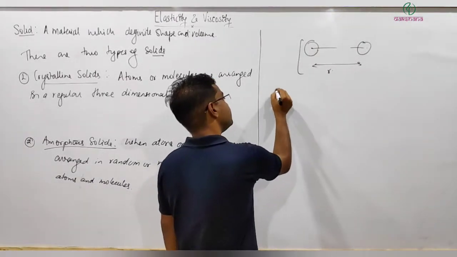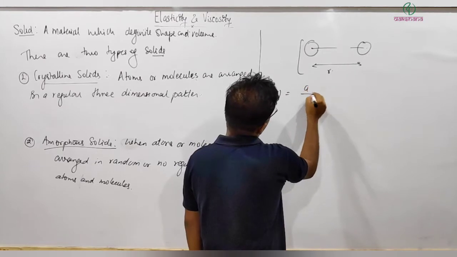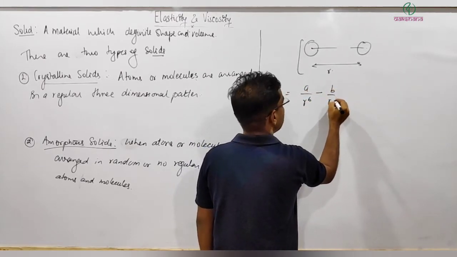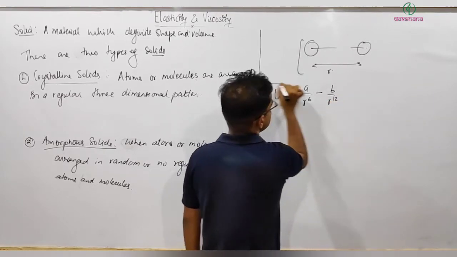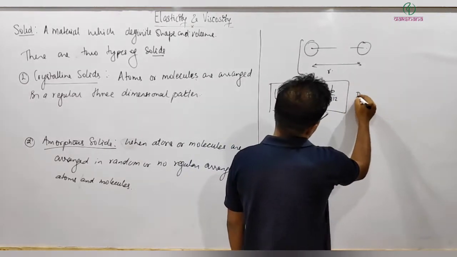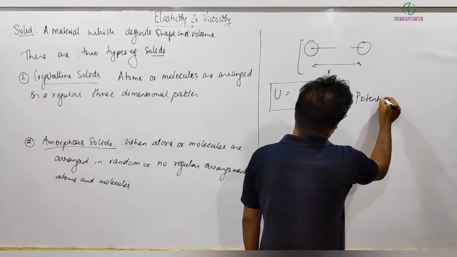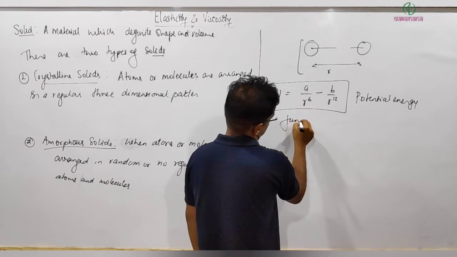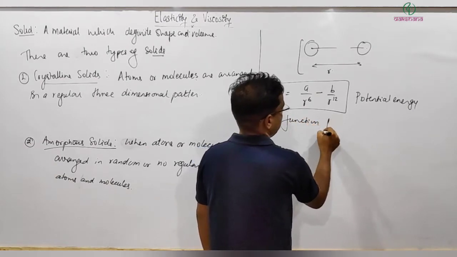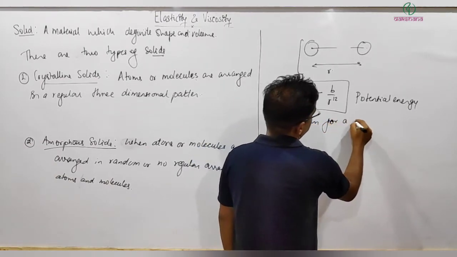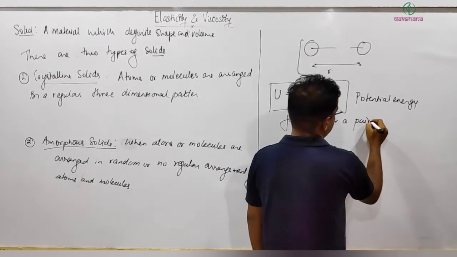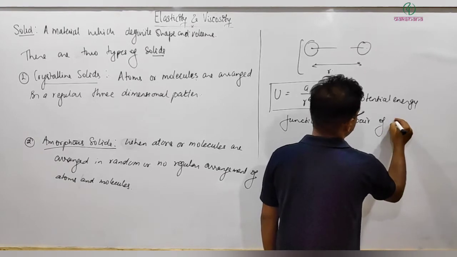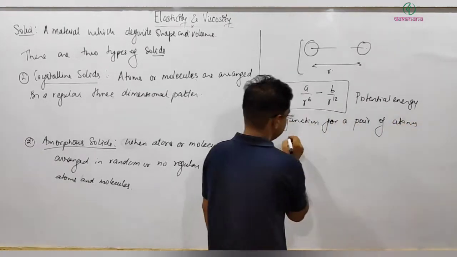So the potential energy for this system is defined as U = A r^6 minus B r^12. This is one form of potential energy function for a pair of atoms in solid.